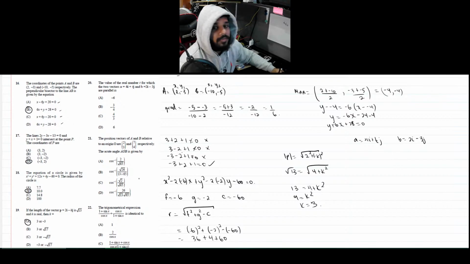And know that if they are parallel, then A is equal to lambda B. So 4i plus tj is equal to lambda into 2i minus 3j. So 4i is equal to lambda 2i, and tj is equal to minus lambda 3j.